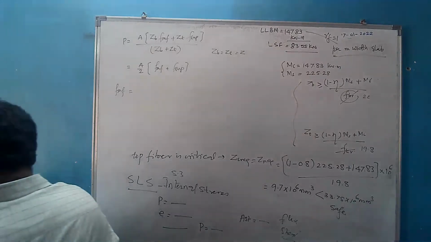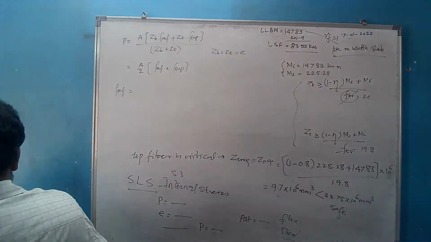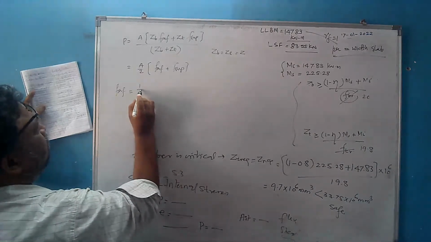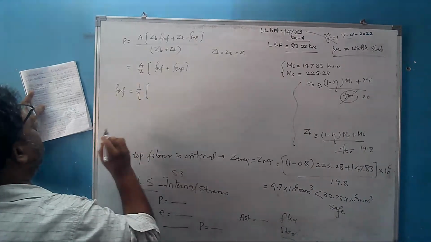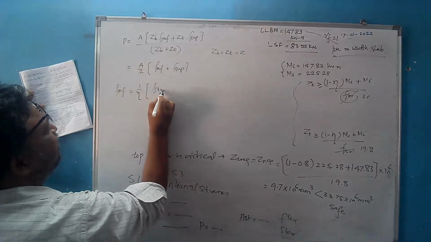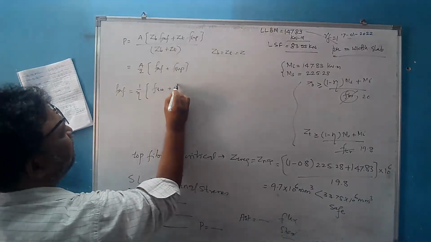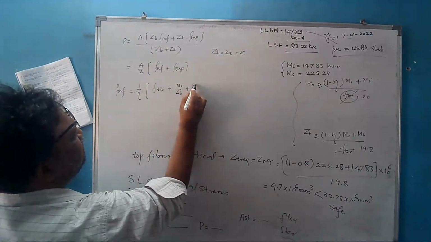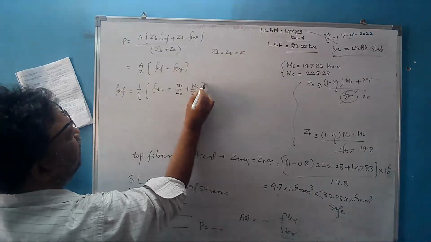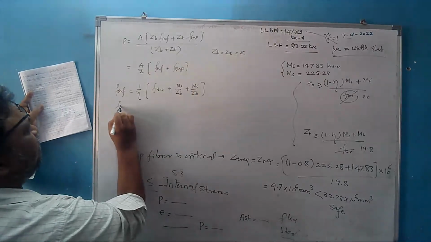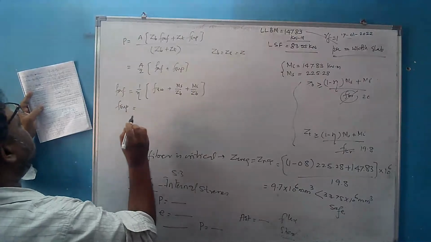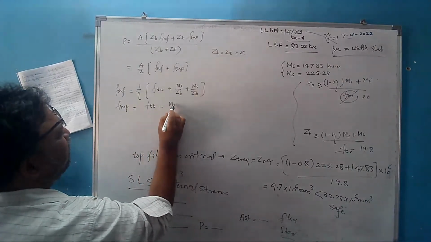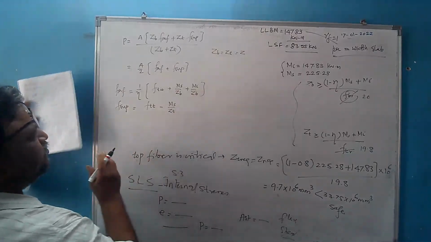What is the equation of F inferior? 1 upon eta in bracket, FTW plus MS upon ZB plus MI upon ZB. And what is F superior? That will be equal to FTT minus MS upon ZT.